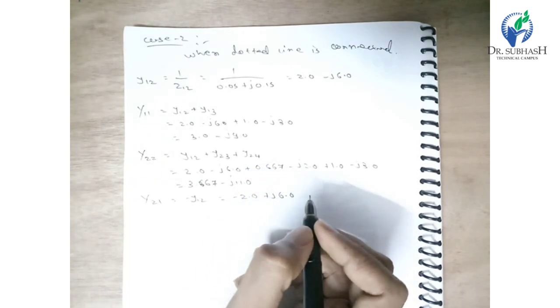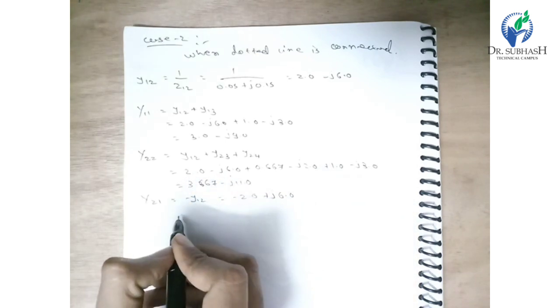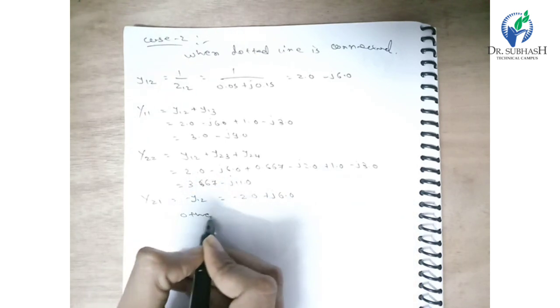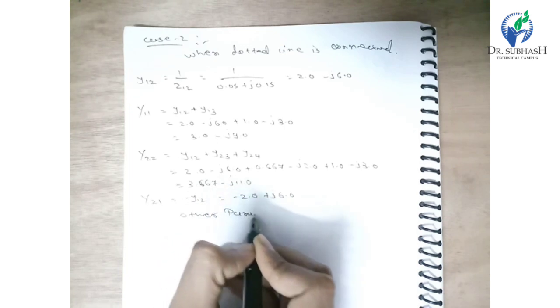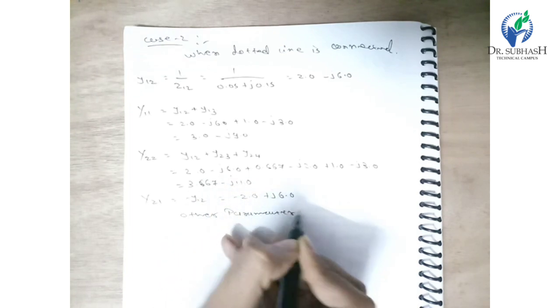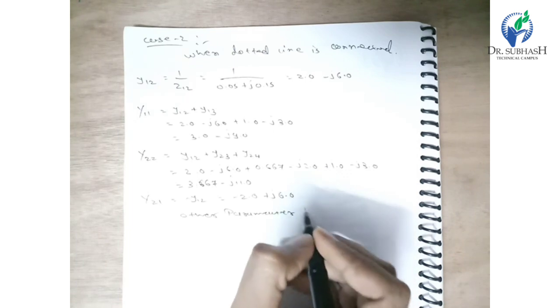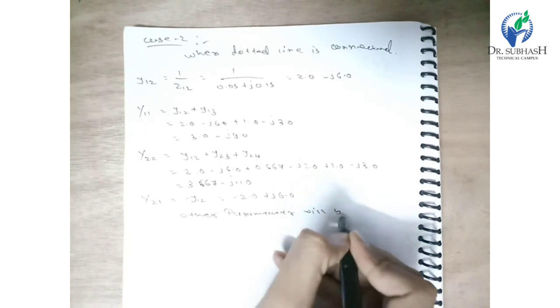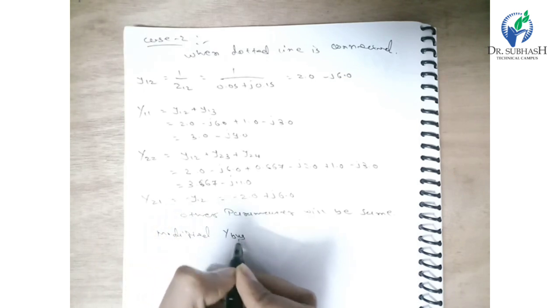The remaining parameters will be the same, other parameters are the same as in case 1. For the value of all these parameters, we modified the Y bus matrix.